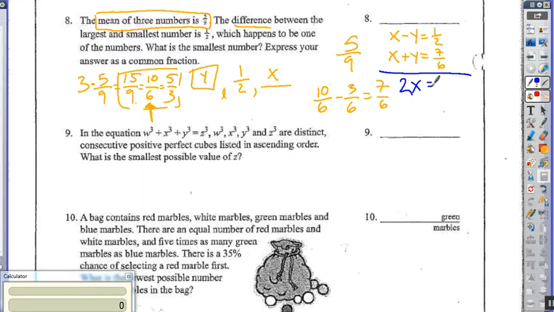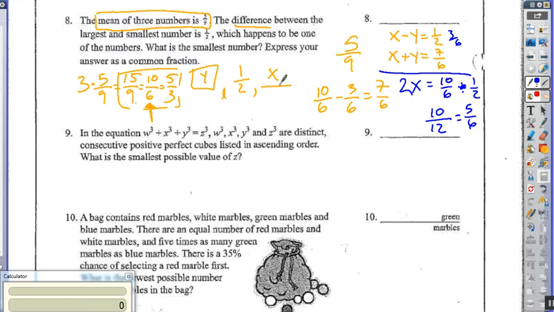And over here, I end up with 3/6. So I do get 10/6. So then, divide by 2, which is the same as multiplying by 1/2. So I get 10/12, which reduces down to 5/6. Now that's my x value.